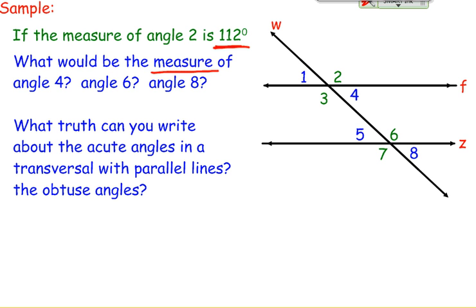As I give you the measures of the angles, can you figure out the measures of the rest of the angles? And then finally, you do the second part right here, which is going to look at what big truth or what rule could you write about acute angles and obtuse angles found within transversals? So take it a step at a time and work through this. That's lesson 97.